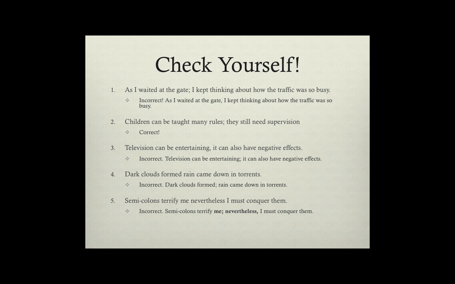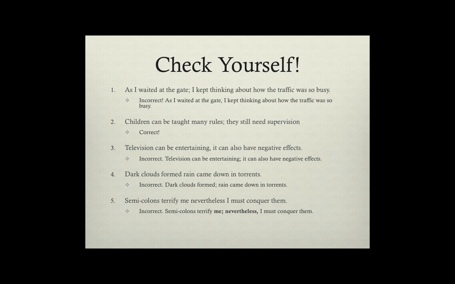Sentence 2 was correct as it was written. Children can be taught many rules; they still need supervision. Two independent clauses, joined by a semicolon, equal grammatical weight on either side of the semicolon, absolutely correct. Good for you. Number 3: television can be entertaining, it can also have negative effects. This sentence was incorrect. This was an example of the comma splice error.